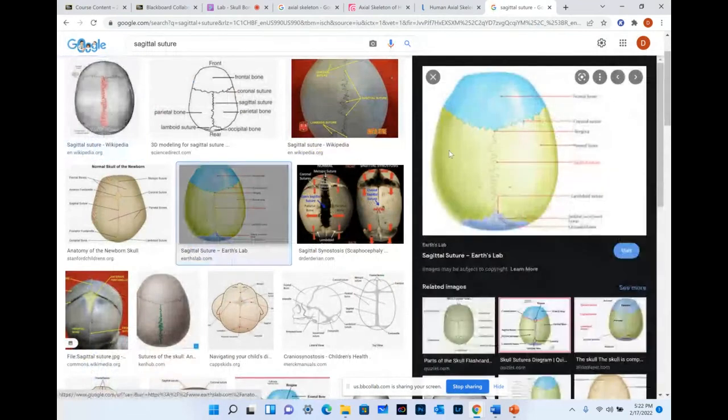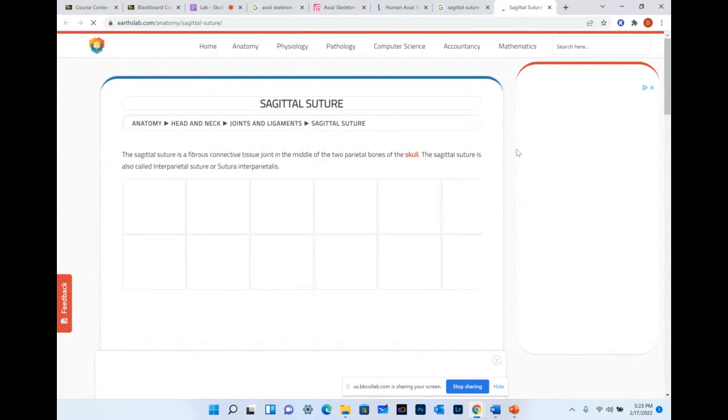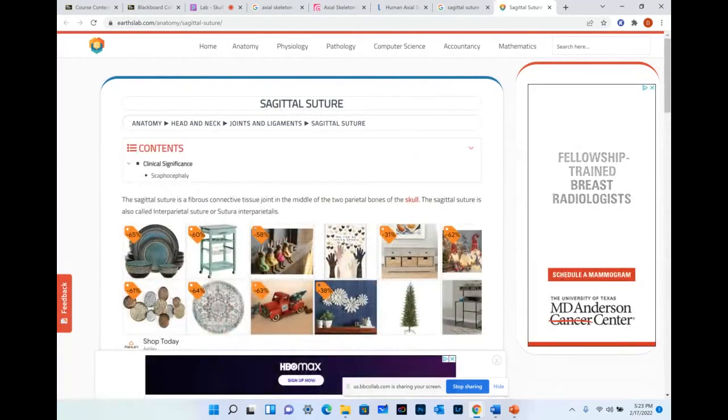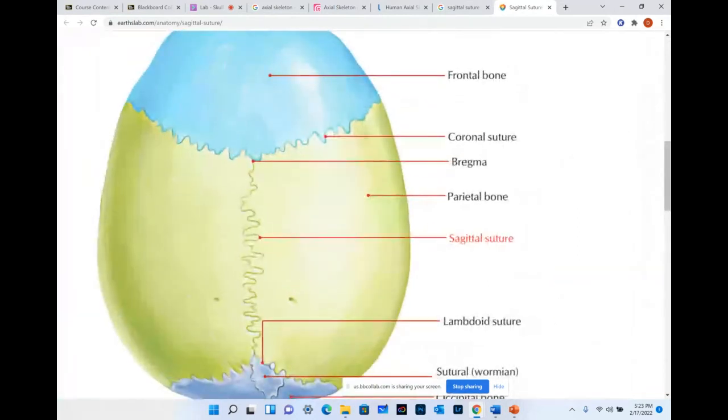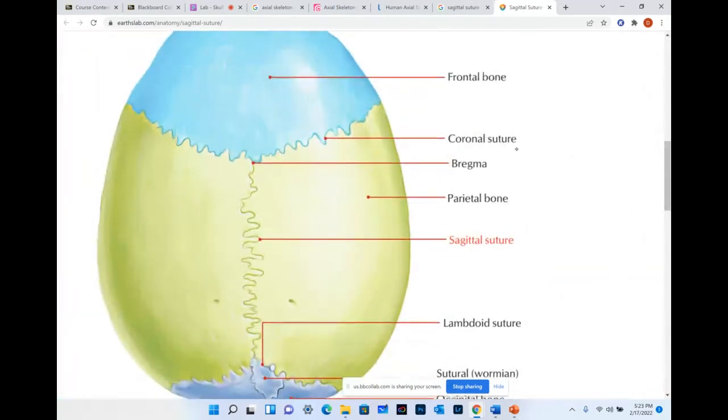Look at that, this is a nice one. You see this right here? This is your parietal bone on right and left. This is frontal bone. And here you can see the coronal suture, and this is your sagittal suture right here.